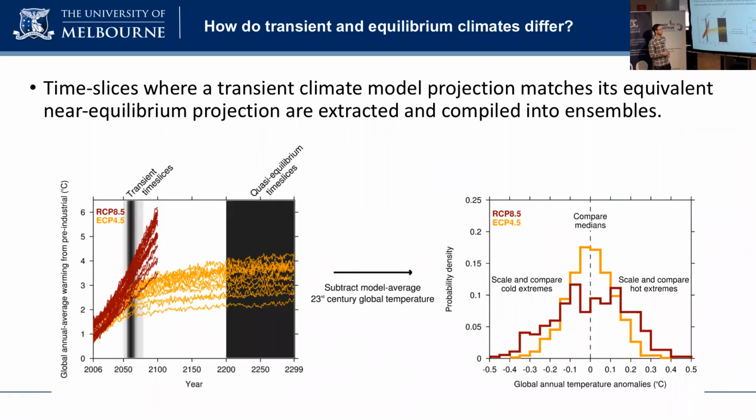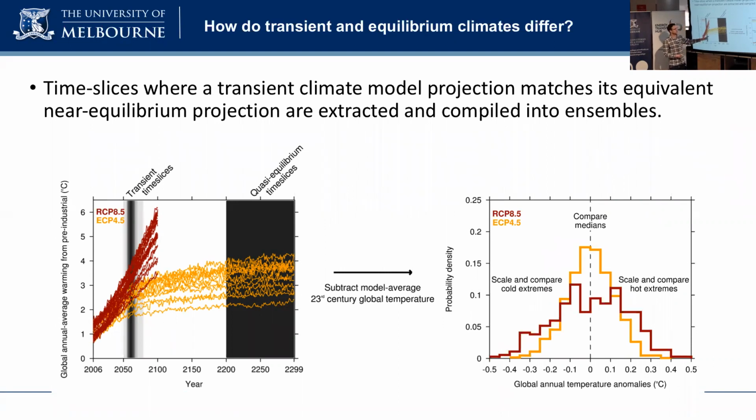And the way I'm doing this is, all the models warm to different levels. They have different equilibrium climate sensitivities. This is just looking at the 4.5 scenario and showing that some climate models warm by as little as about 2.5 degrees above pre-industrial levels, whereas some warm by over 4 degrees. So there's this big range.